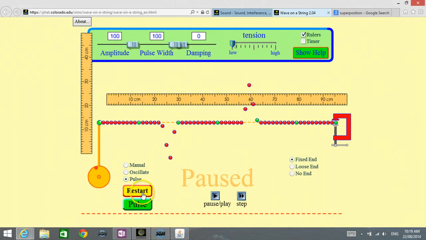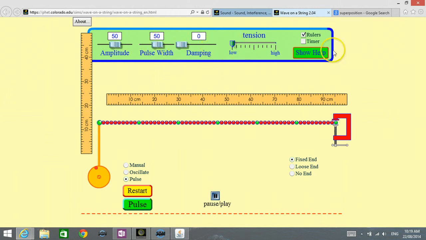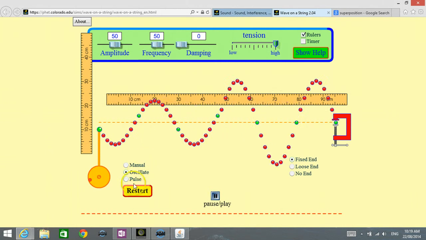Now let's go back to this one. What I want to show you is just a simulation of what's going on there. Now this is weird. Let's say I give waves continuously like this.